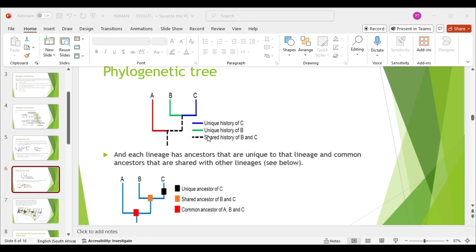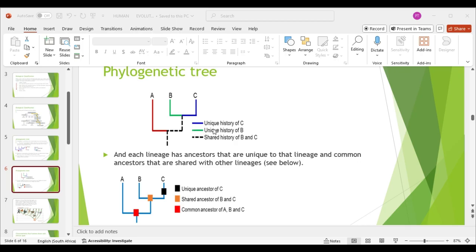So B and C have history because they share part of B and C. Coming to the unique history, when you look at branch B, it has its own history.